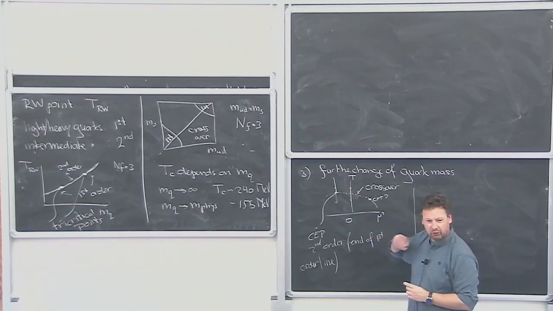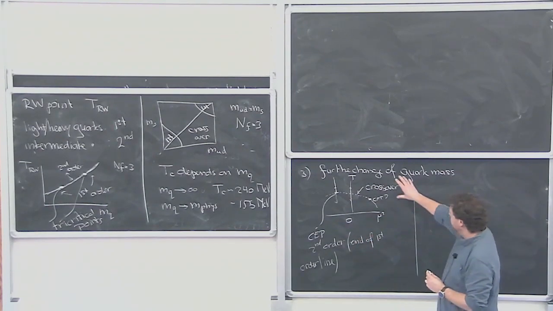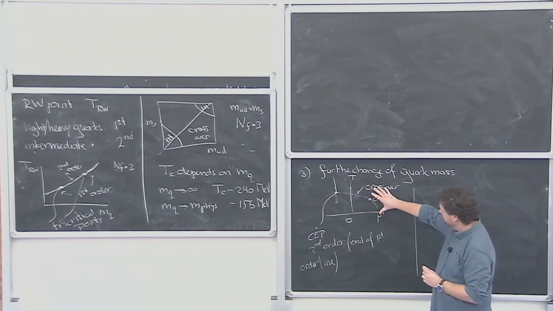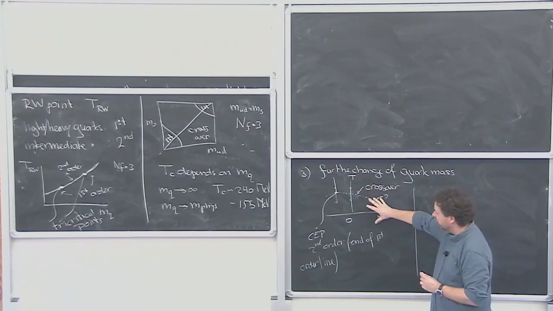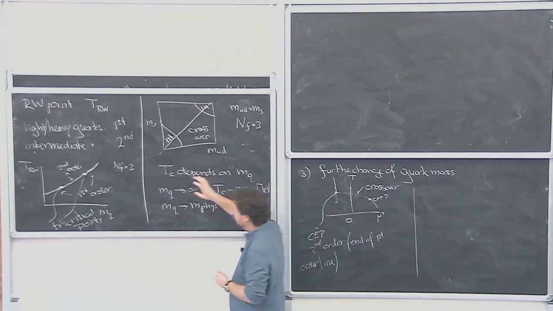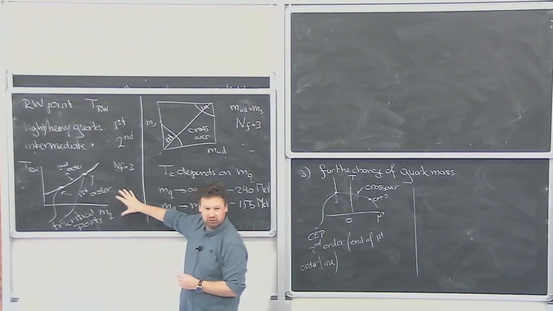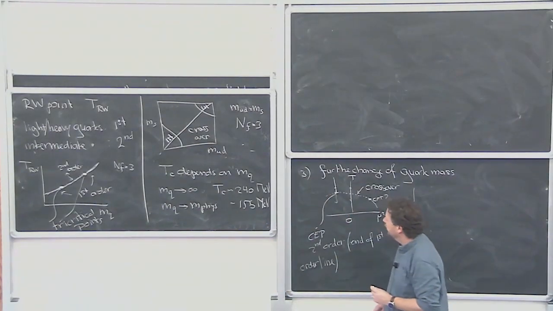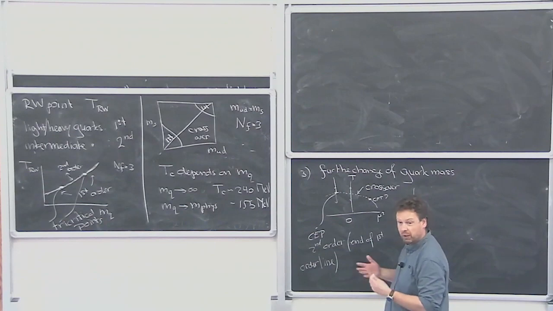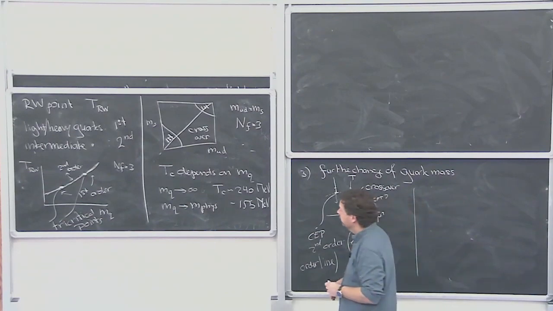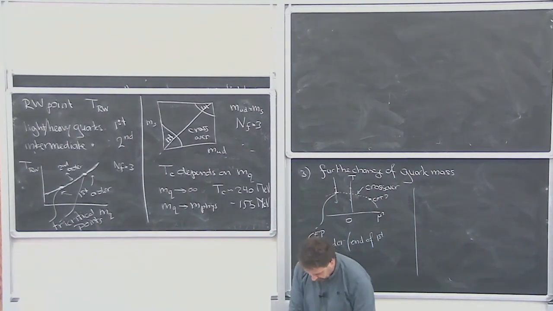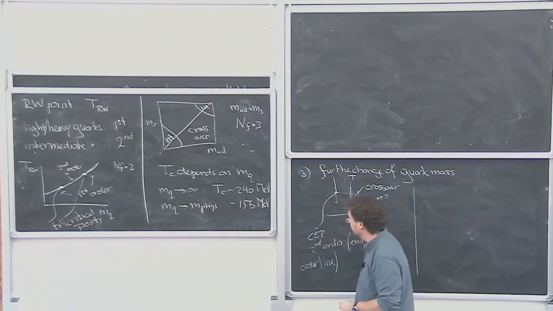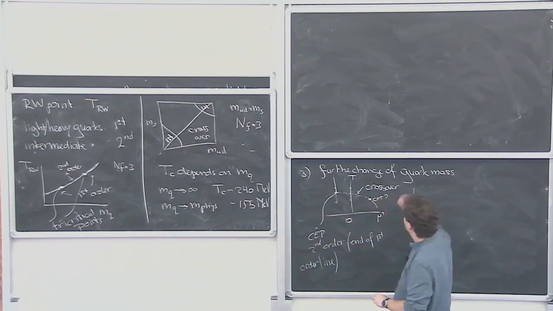So we made a change from the T mu phase diagram, or T mu squared phase diagram, to the critical temperature quark mass plane. And now we're going to incorporate this information in the Columbia plot. So we're going to build quite a bit more structure, basically.